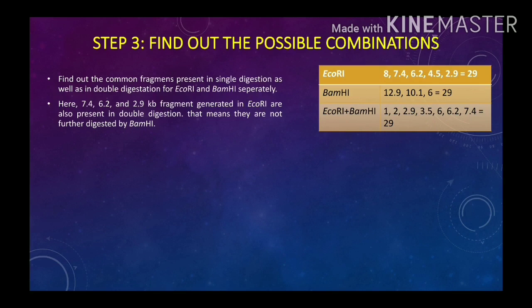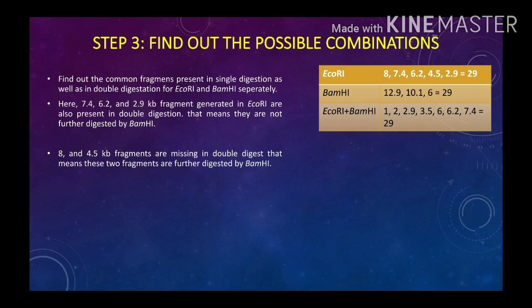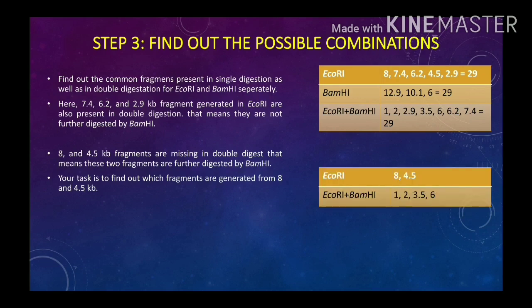That means these 3 fragments are not digested by BamHI, but 8 kb and 4.5 kb fragments are missing in double digestion. That means these 2 fragments are further digested by BamHI and produce some small fragments. Your task is to find out which fragments arise from the 8 kb and from the 4.5 kb fragments.